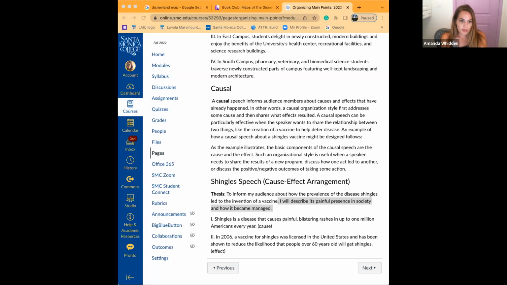So for a causal speech, obviously it's going to be something like an issue, or perchance a concept, but it can also be a phenomenon. If you wanted to talk about the events of Hurricane Katrina, the effect, and how that impacted Louisiana, if that makes sense.